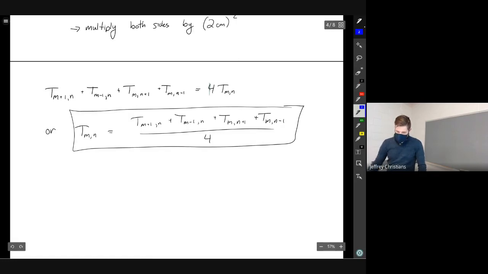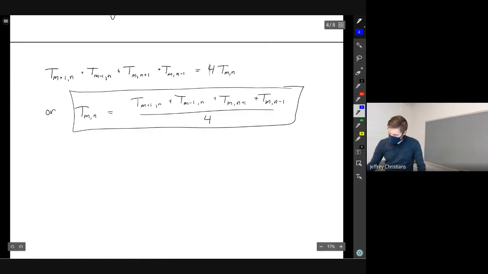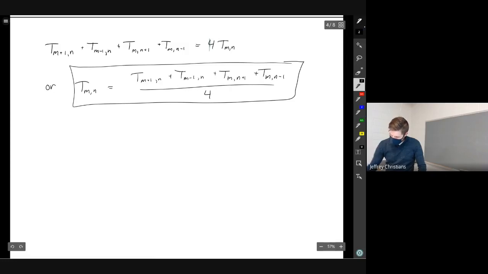I'll box that. Let's look again at what we're looking at. We're looking at this grid point, our grid point m, n. We have one above, one below, one to the left, and one to the right.